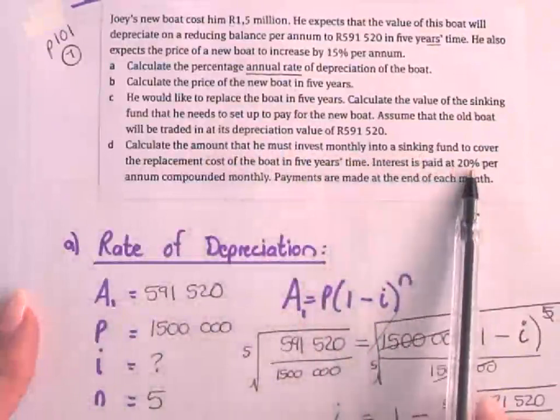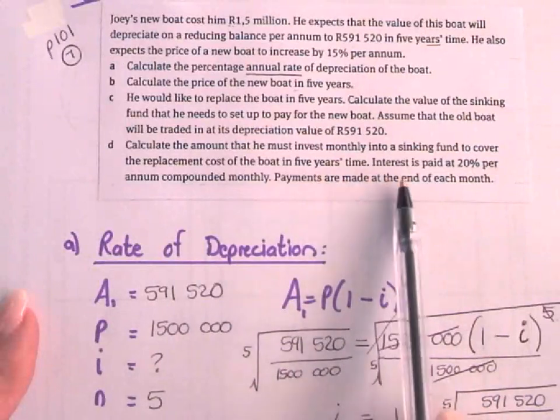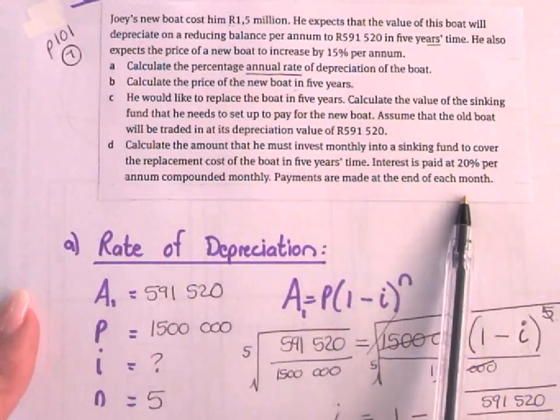Interest is paid at 20% per annum, compounded monthly. Payments are made at the end of each month.